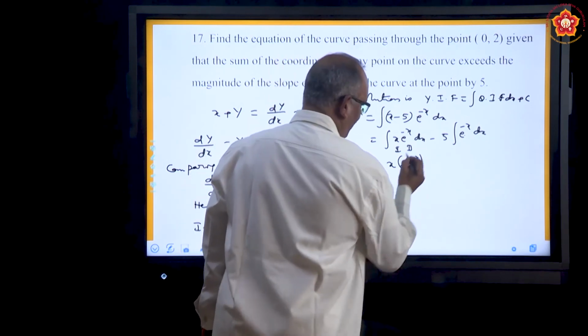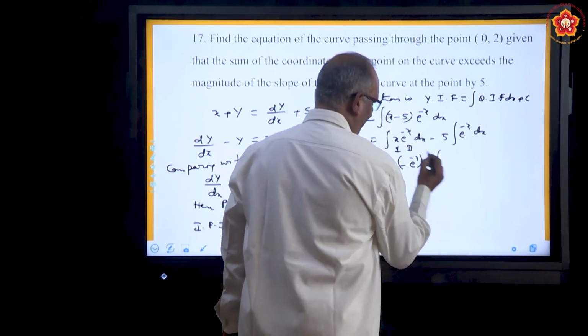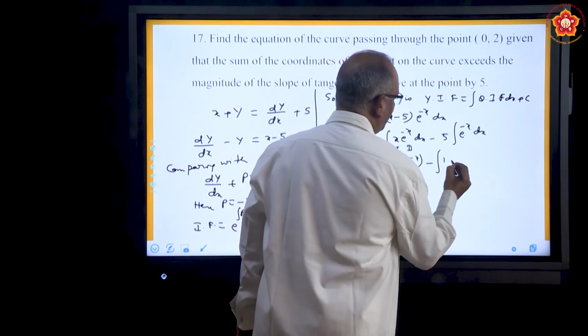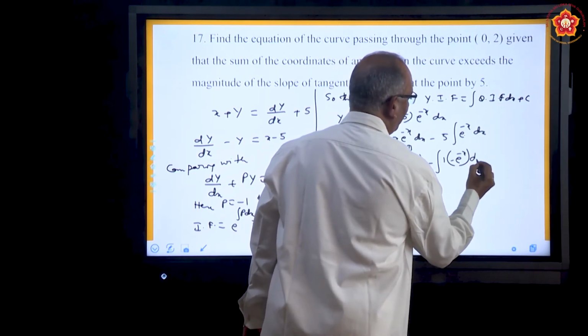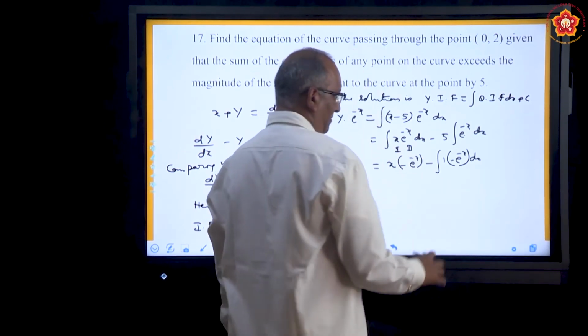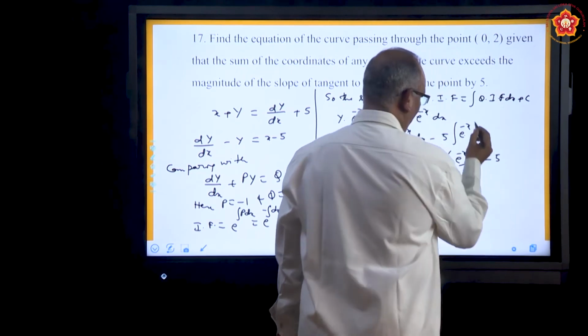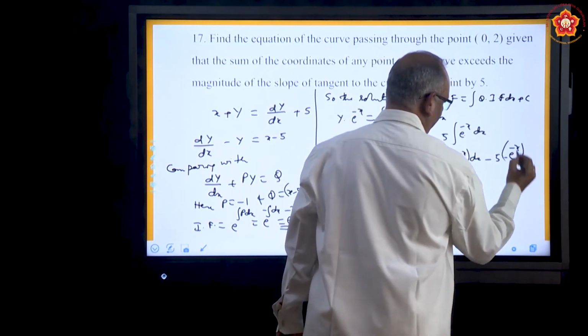Okay. So, first function integral of second minus integral of d/dx of first. What is derivative of x? It is 1 and this is the same thing. Minus 5. What is the integral of this? The same, minus e to the power minus x.